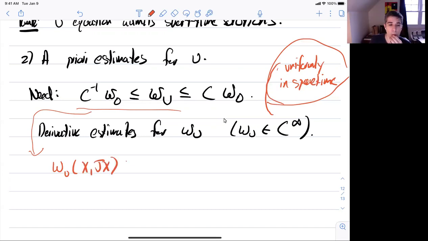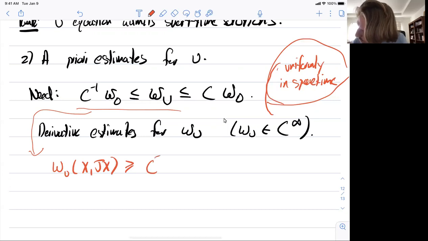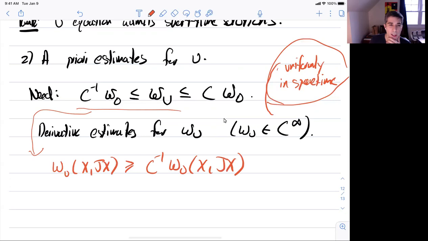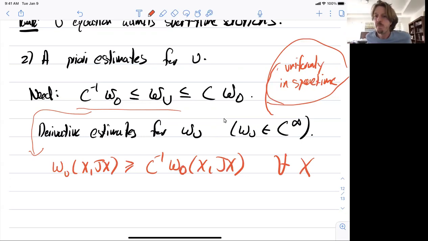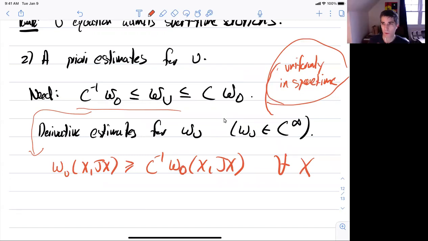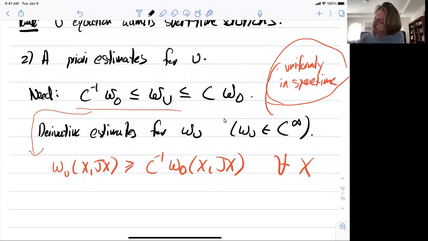I have to include the JX. So it's really like an inequality of functions on the sphere bundle, if you like.